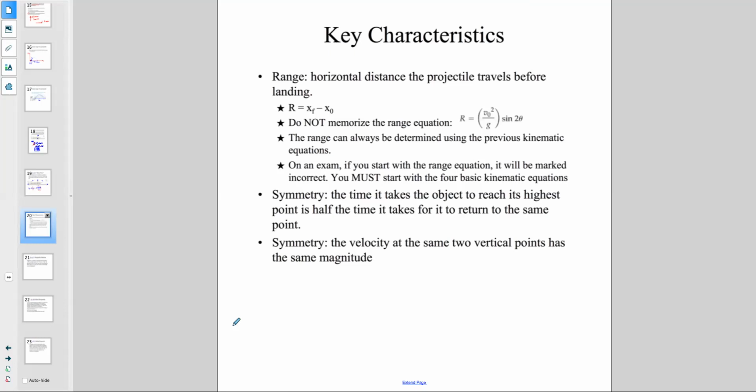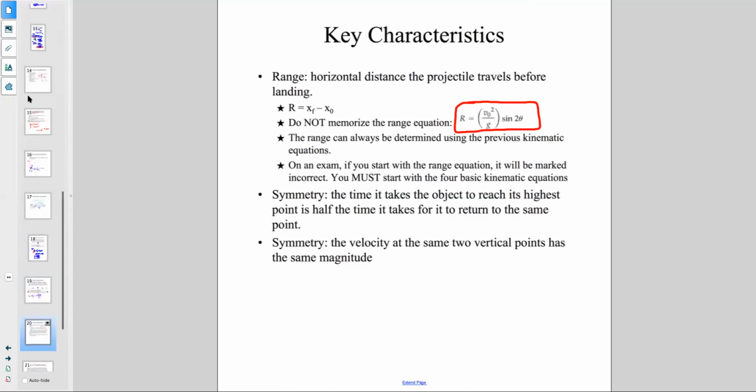Do not memorize the range equation, v0 squared over g sine 2 alpha. You can memorize it if you want, but over years of teaching this I have it in my mind, and you don't necessarily want to remember that. The range can always be determined using the previous kinematic equations. And on an exam, if you start with the range equation, it will be marked correct, because I want you to be able to use the kinematic equations.